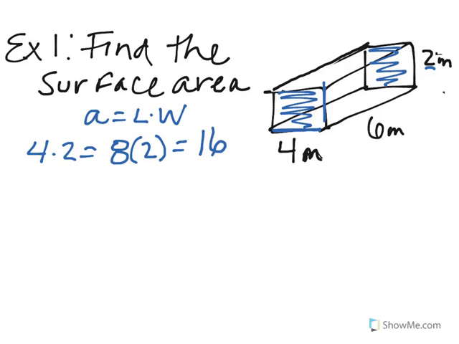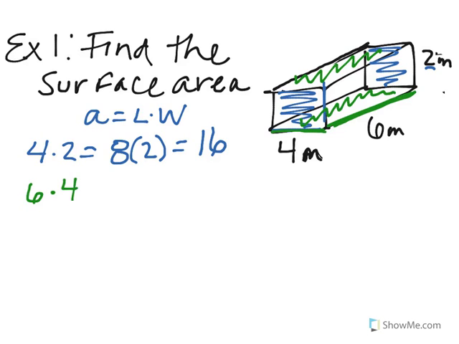Now I'm going to find the area of the top and the bottom of my rectangular prism. The length of the bottom is 6, and the width is 4.